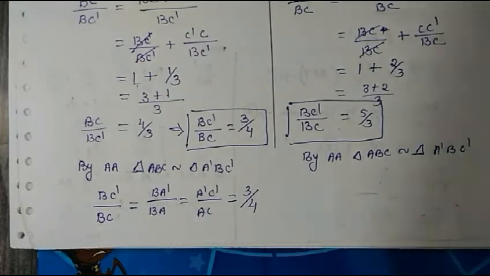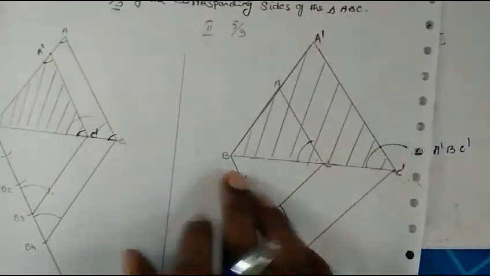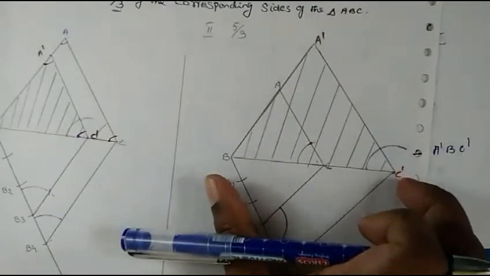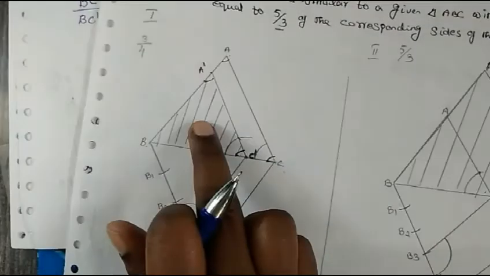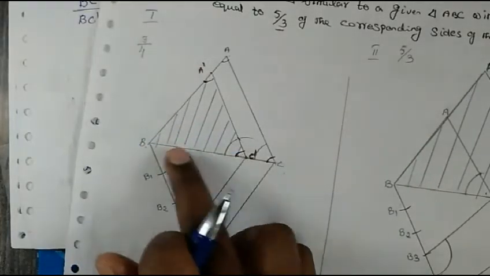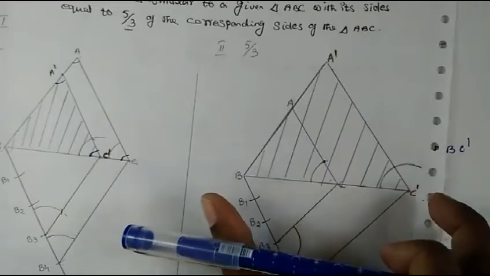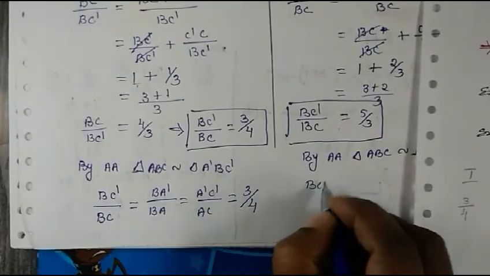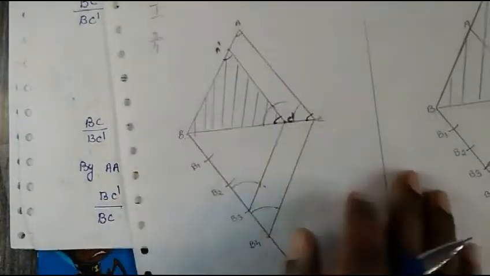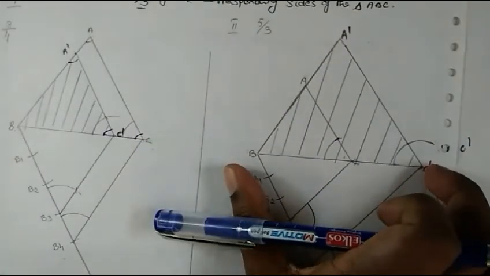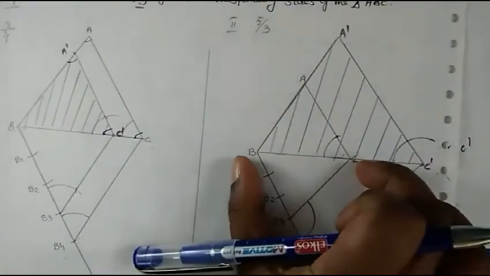So here what we will write first, what we have constructed was the bigger one, so you have to write the bigger one first. Earlier we constructed the smaller one, that's why we took the smaller side first. Here we constructed the bigger one, so you write the bigger side first, BC dash upon, okay, bigger side we wrote. Now the small triangle side is BC.